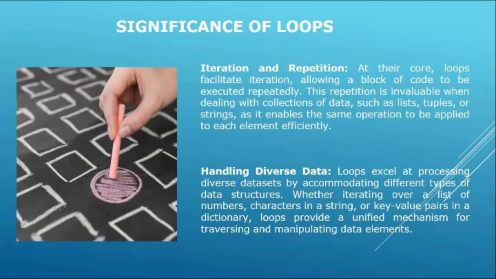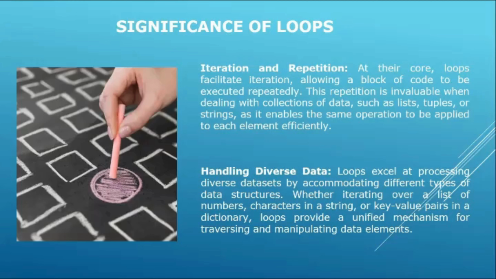Examples can be linear data structures, non-linear data structures, etc. Stack, queue, and linked list are all data structures which are being used. So to iterate over those data structures, for loops can be used.